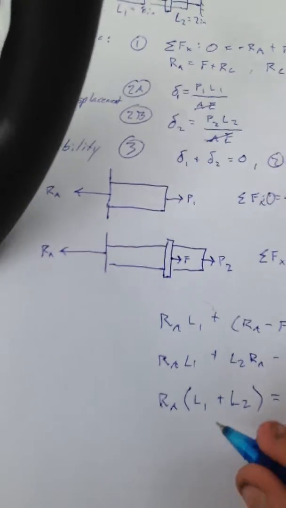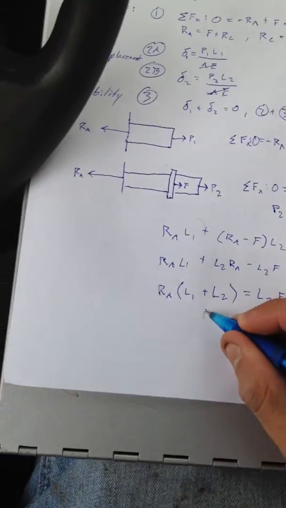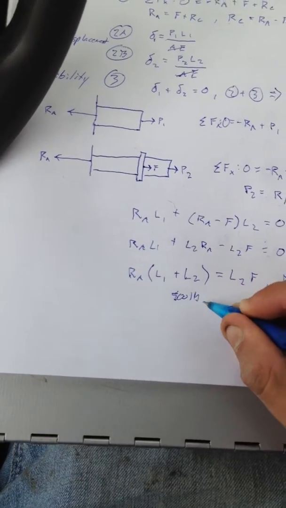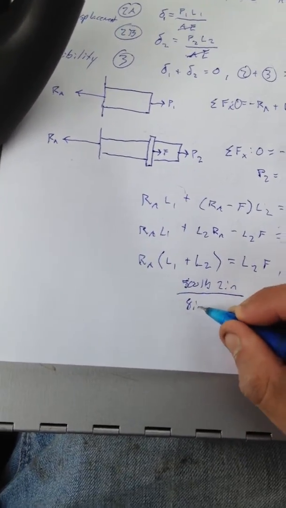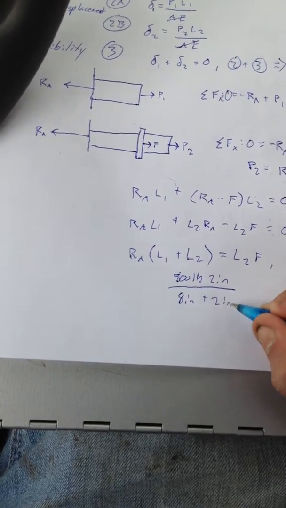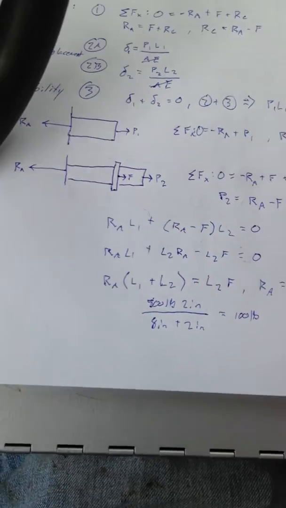And we know all those numbers, so let's plug them in real quick. We've got 500 pounds times 2 inches divided by 8 inches plus 2 inches, and that equals 100 pounds.